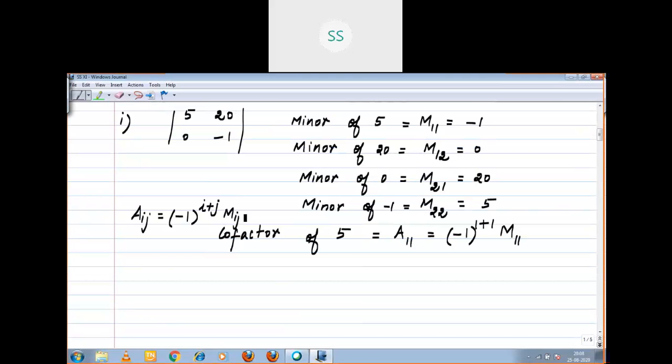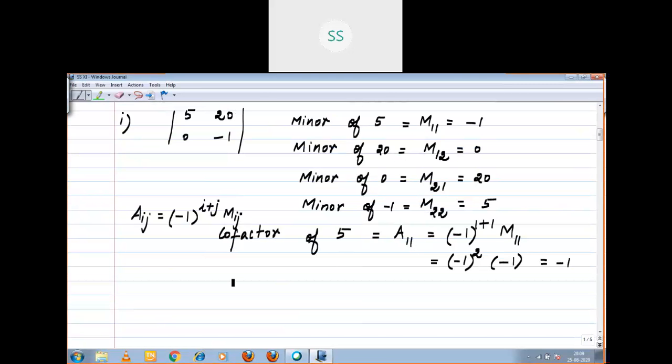Here 5 is located in the position of first row and first column. That's why i and j should be replaced by 1, 1. Now, minus 1 the whole power 2. Power is even, so the negative becomes positive. M11 is minus 1, so your answer is minus 1.